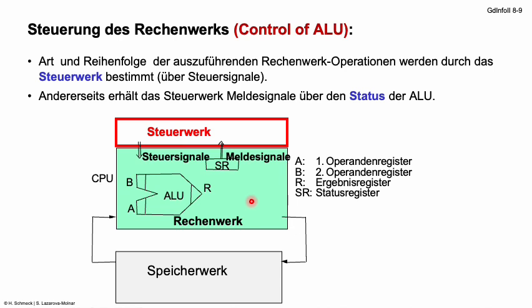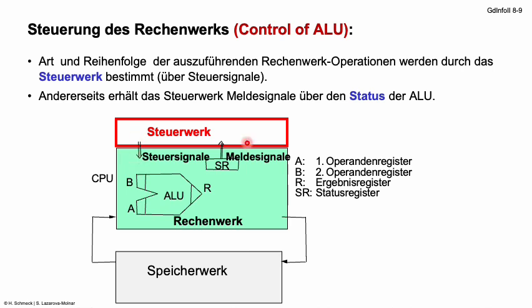So the control unit also moves the data between these registers, the arithmetic logic unit and the memory. In general, the type and the sequence of the arithmetic operations to be performed are defined by the control unit, and vice versa, the control unit receives information about the status of the arithmetic logic unit.